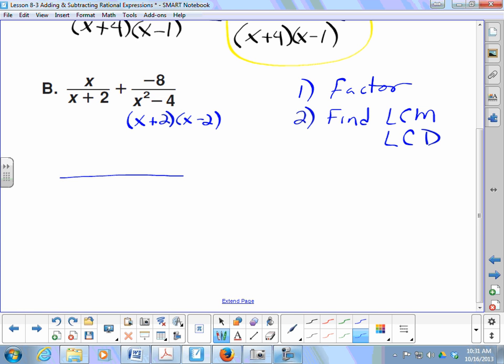In this case, there are 2 different factors. I have x plus 2 in the first fraction, x plus 2 in the second fraction, x minus 2 in the second one. But there's only 2 different ones. So I'm going to list those 2 different factors.